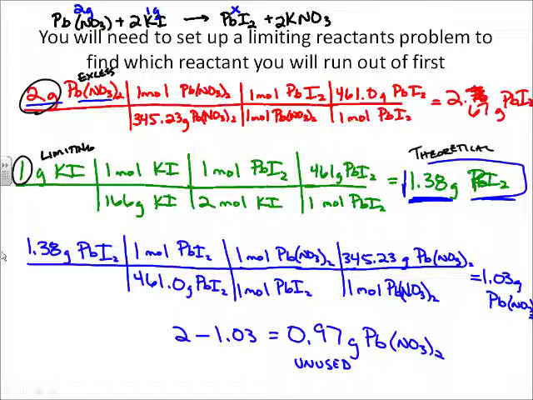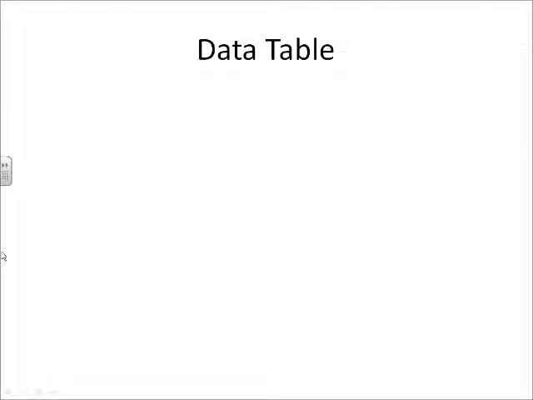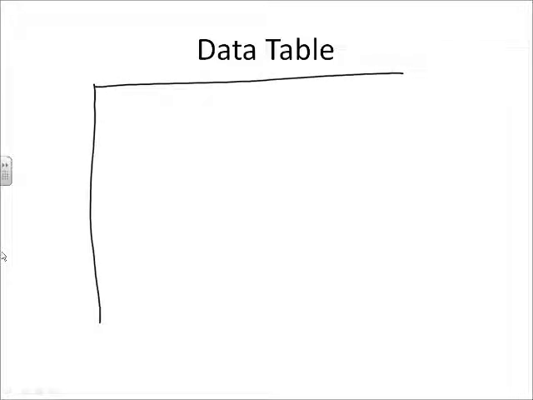The last thing we need to do before you're ready to head off and start working on the lab is to create a data table of information you're going to need to collect. Looking back at our previous calculations, for sure two things that we're going to need to measure out in a table. I'm not sure how big this is going to have to be.